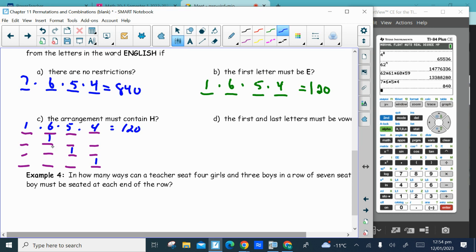If the H is in the second position, again, you started with 7, you've used 1. Now you have 6 left for the first position, 5 for the third, and 4 for the last. Again, that gives us 120. You're going to get 120 from all of these. You're multiplying the same numbers together.